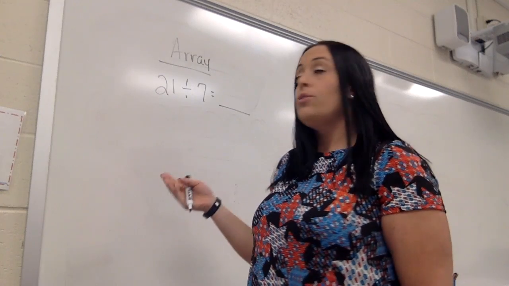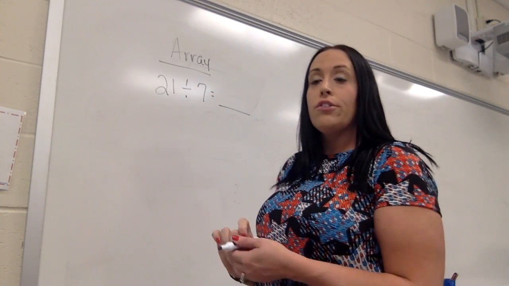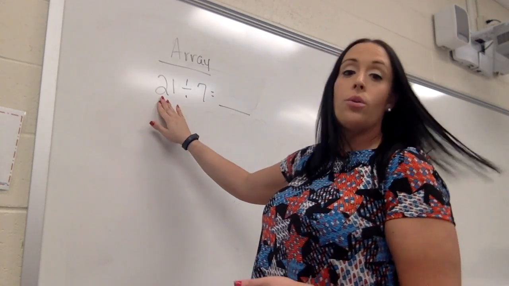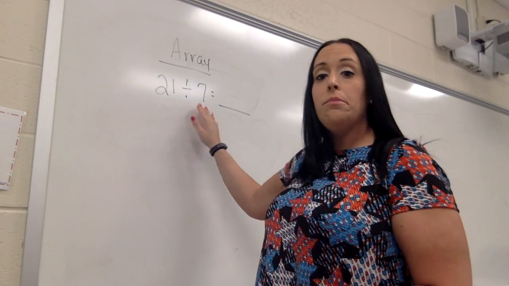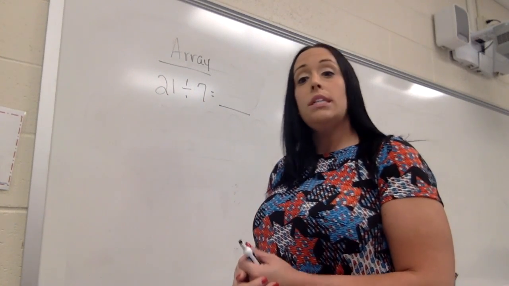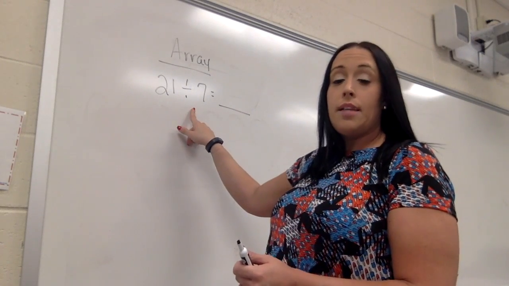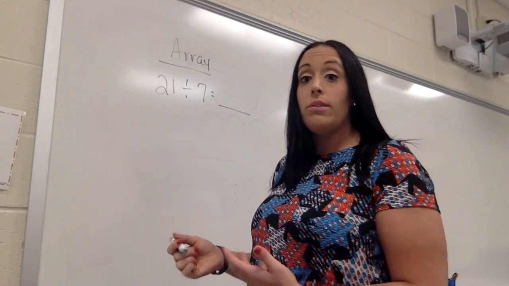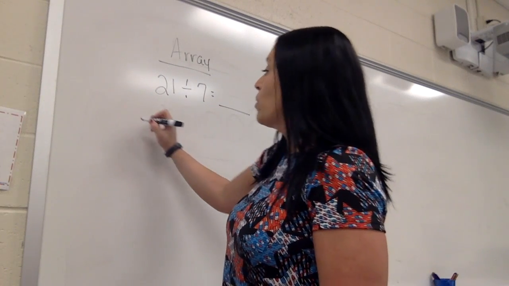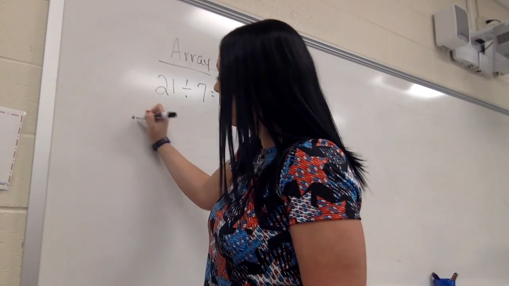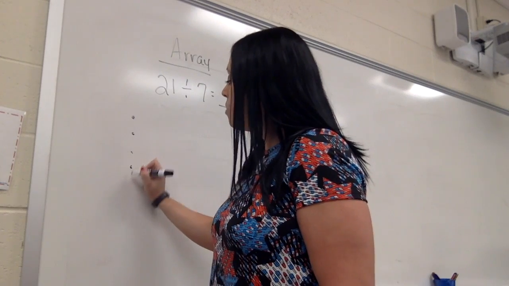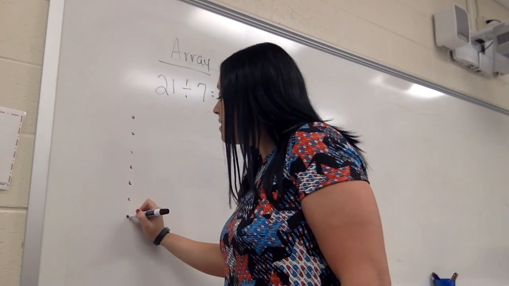When we're modeling division with an array, you know the total, and you're going to create the same number of columns, but at the end is when you're going to count how many you put in each of those rows or columns. In this case, I'm going to take 21 objects and separate them into 7 rows. So the first thing I'm going to do is represent my 7, 1, 2, 3, 4, 5, 6, 7.